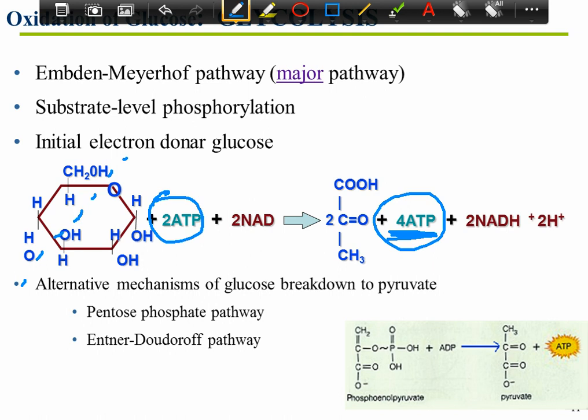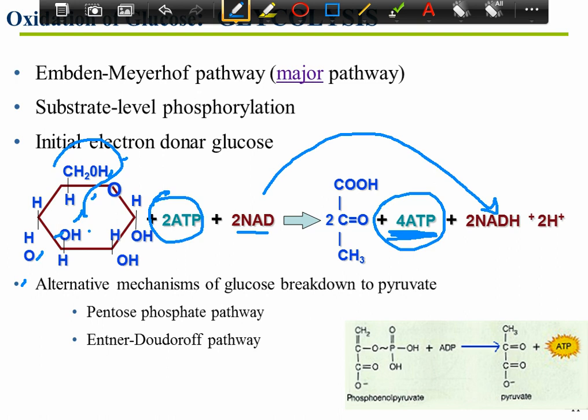Now, along the way, during the manipulation of these two little 3-carbon molecules, there's going to be an oxidation reduction reaction, and we are going to give a couple of electrons to NAD, and it becomes reduced to NADH. Now, at the end of all of this, what has happened to glucose right there?